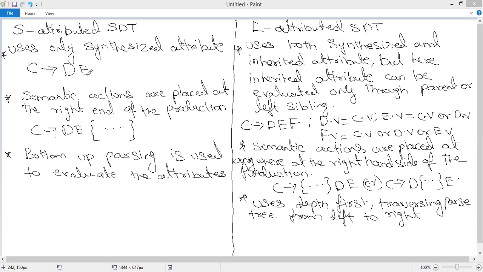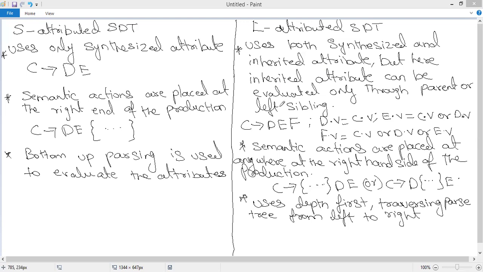At the same time, when we speak about L attributed SDT, it uses both synthesized and inherited attributes, but the inherited attribute can be evaluated only through the parent or left sibling nodes.